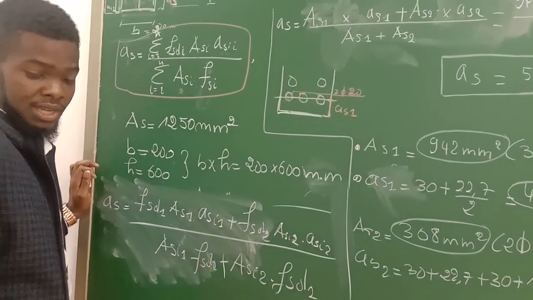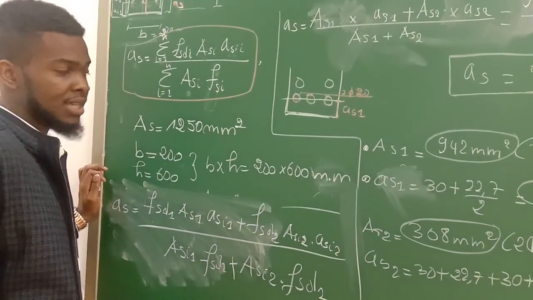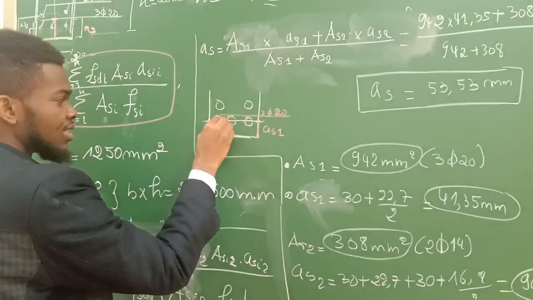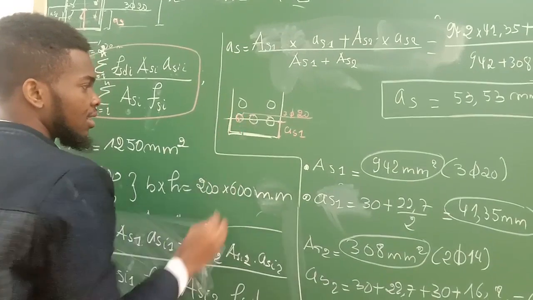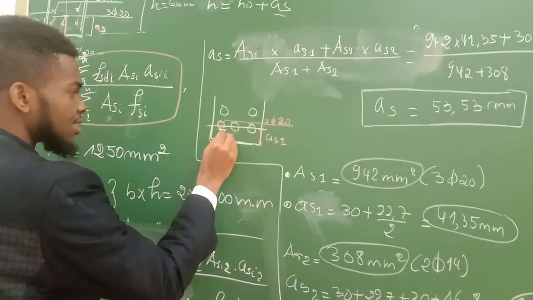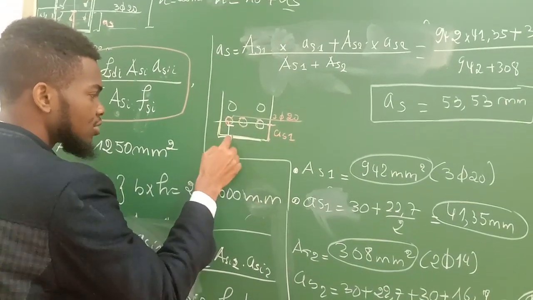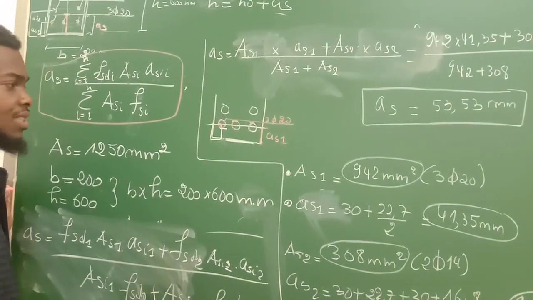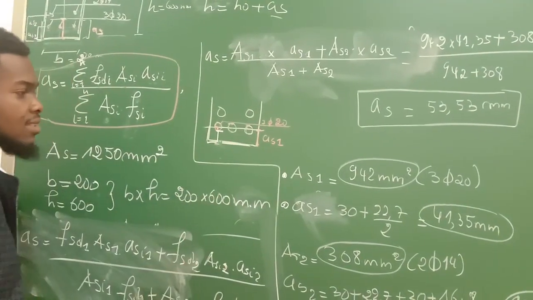But when we take our book, we understand that if we know the distance from the bottom to the limit of the steel, we will know a_s.